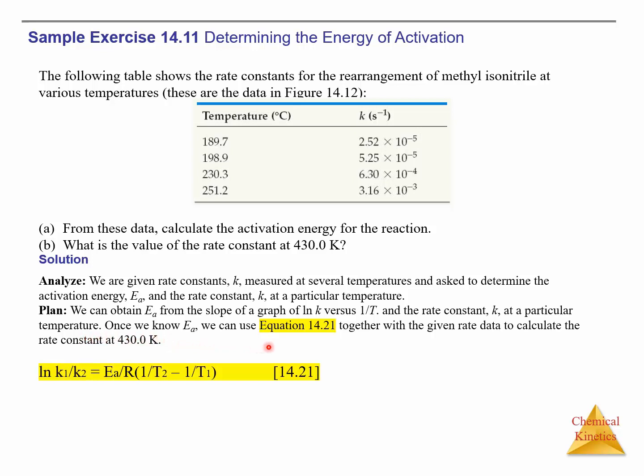Once we know activation energy, we can use this equation together with the given rate data to calculate rate constant at 430 K. So this is the equation: ln k1 divided by k2 equals activation energy divided by R times 1 over T2 minus 1 over T1.